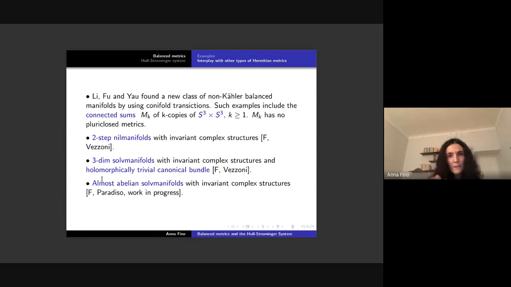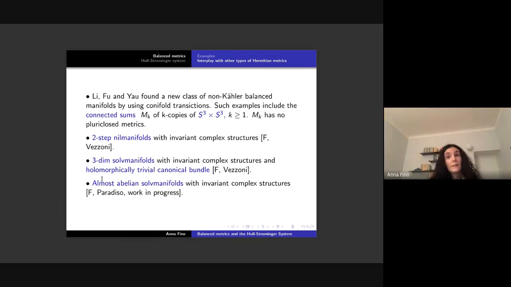Then I report some results that I got with Vezzoni. Natural examples of compact manifolds admitting pluriclosed metrics are given by solvmanifolds, so compact quotients of a solvable group by lattices, with invariant complex structure. So the complex structure comes from a left invariant complex structure on the Lie group.